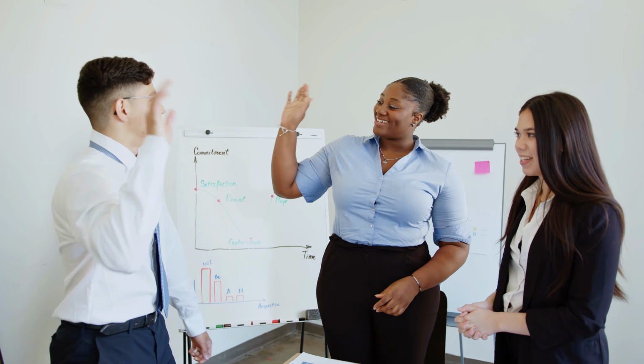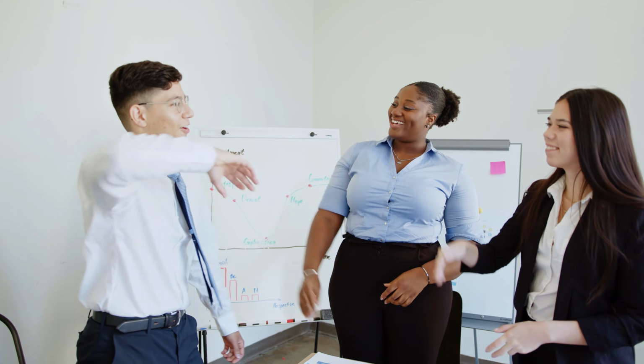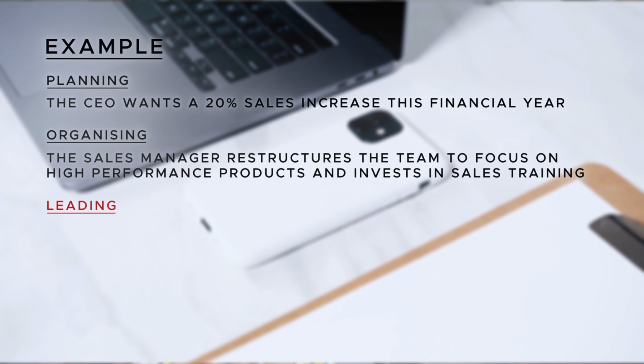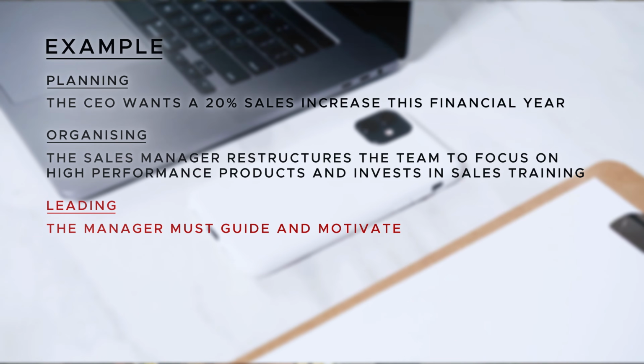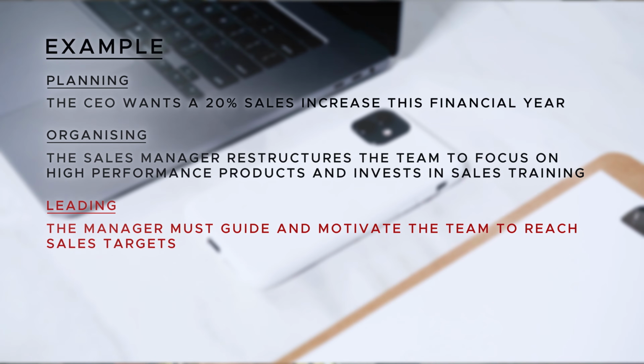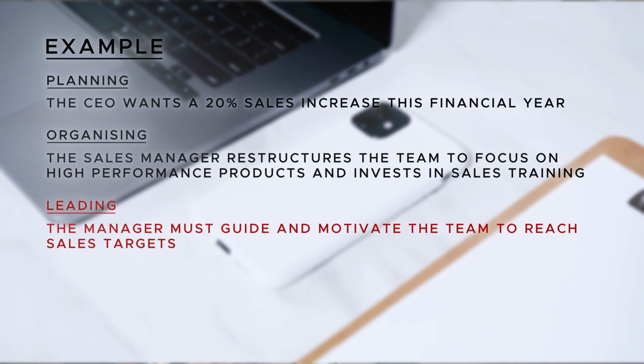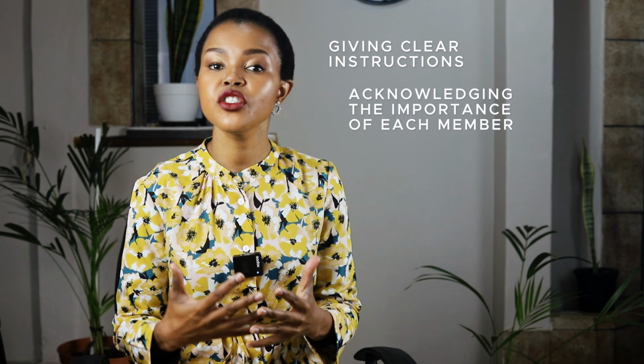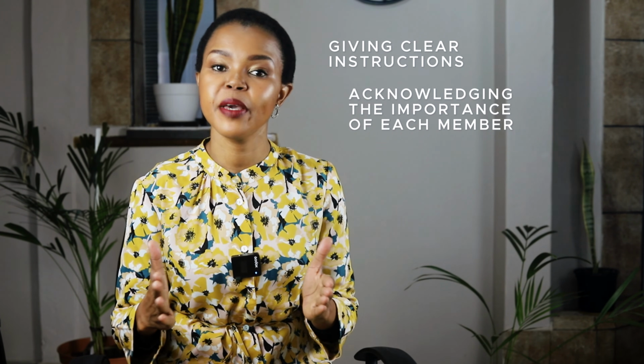This then results in employees who work out of motivation rather than just obligation. Going back to our example of a 20% sales increase, with the team clearly focused on high-performance products, the manager must now guide and motivate them to reach those sales targets. They can do this by giving clear instructions and acknowledging the importance of each member.